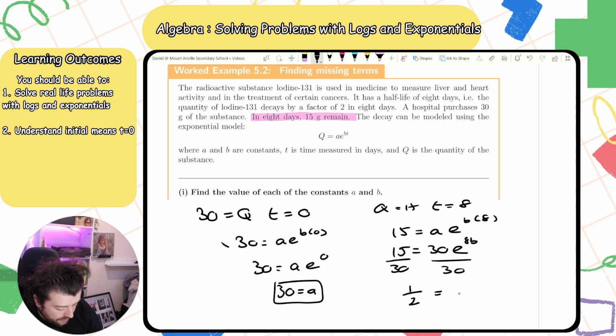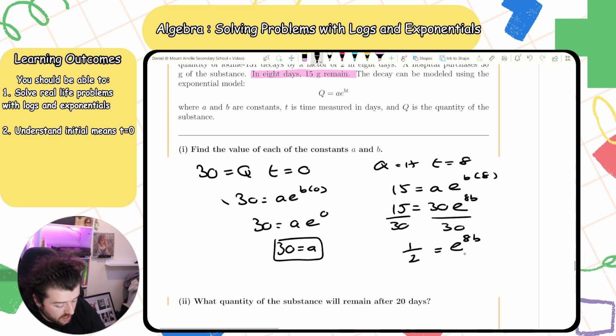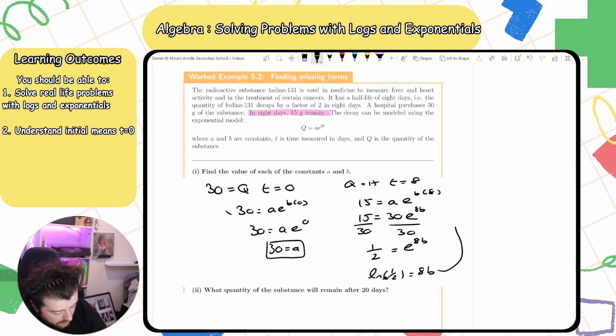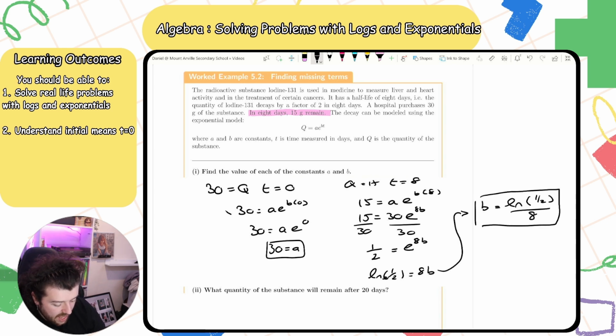A half equals e to the 8b. Then I can convert this to log form or take log of both sides. So that's going to be ln, because log base e, of a half is equal to 8b. And b is just going to equal ln of a half divided by 8. And that's my answer there.